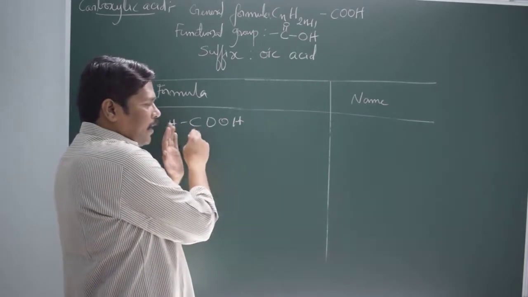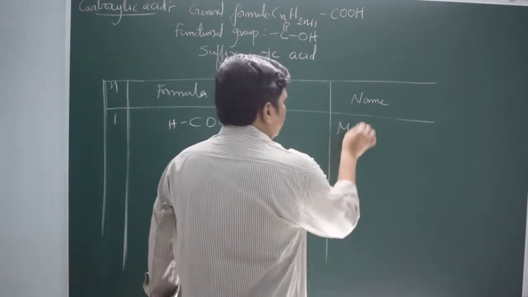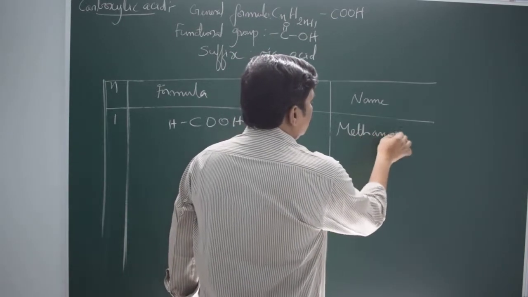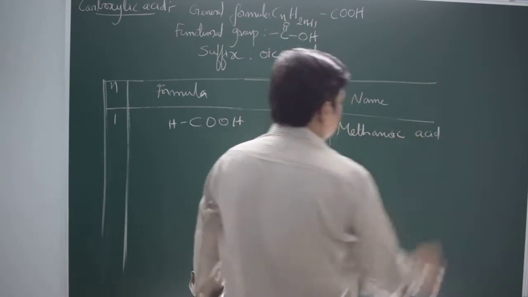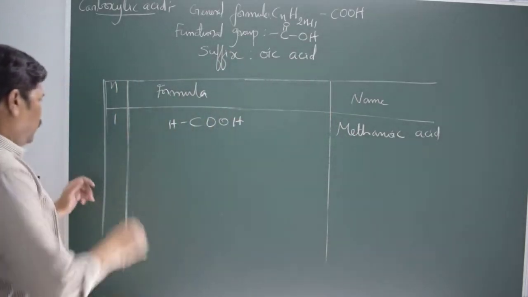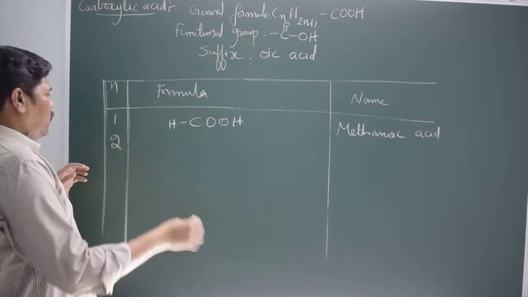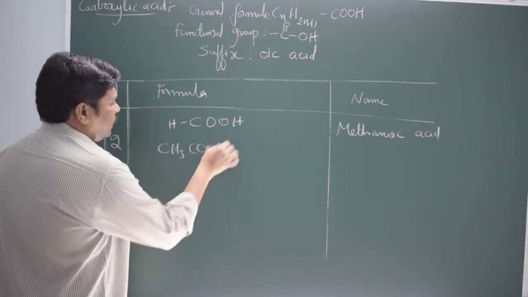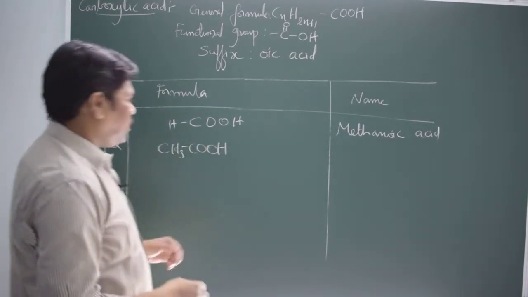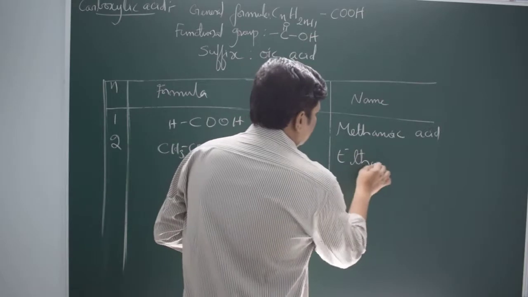Since 1 carbon atom is there, the name is methanoic acid. Then the second one, now we can add the alkyl group. So methyl and then the acid group, CH3COOH. There are 2 carbon atoms, so ethanoic acid.